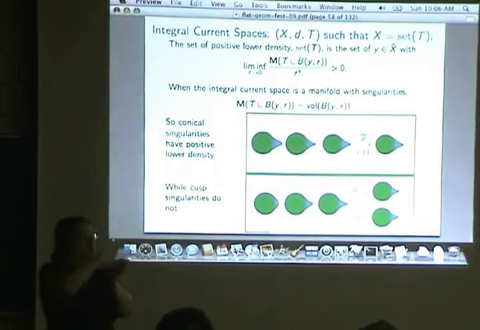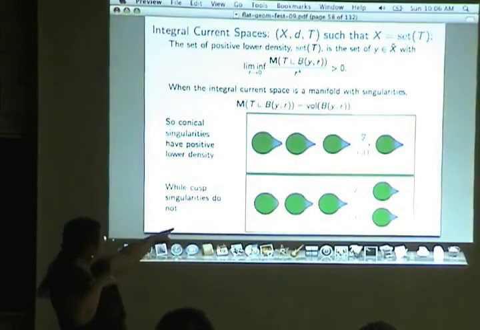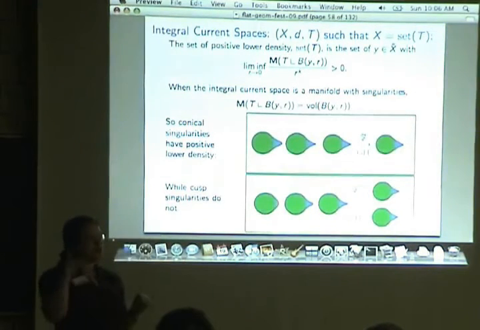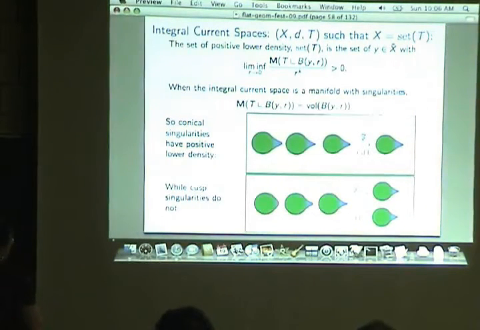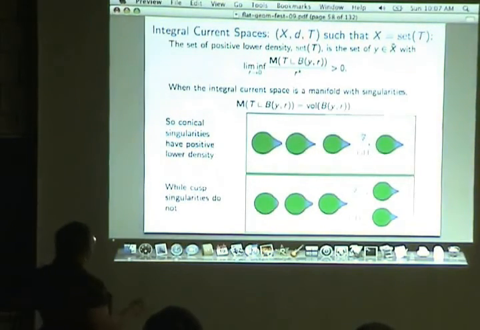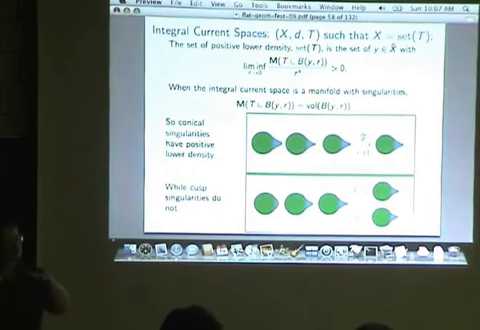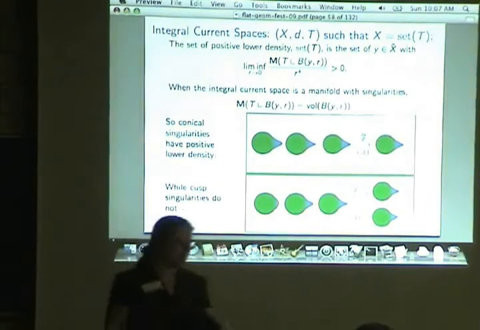But a cusp singularity, where it comes in like a cusp, we take out the singularity. It's not included in our space. So the canonical set, which is defined by Ambrosio-Kirchheim, of a current does not include any cusp points. It only includes points with positive density, so that the mass, just like the volume in a Riemannian manifold, as you approach a point, behaves like r to the correct dimension. You need that in order to have this nice charting effect with the Lipschitz charts.